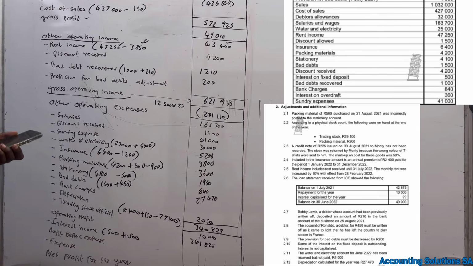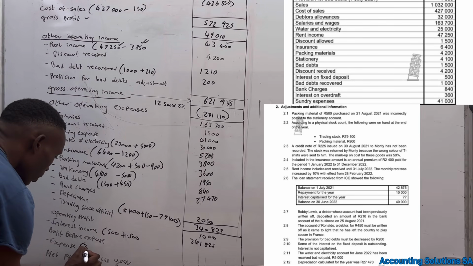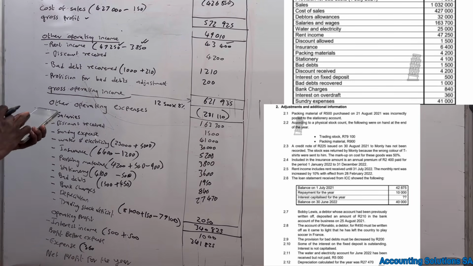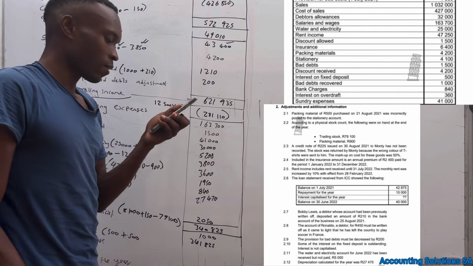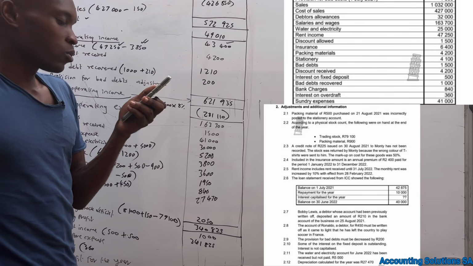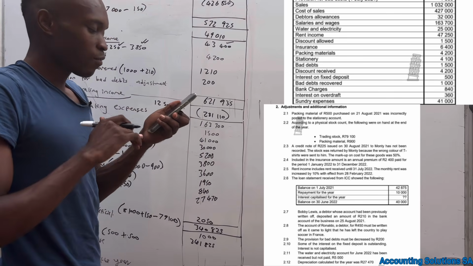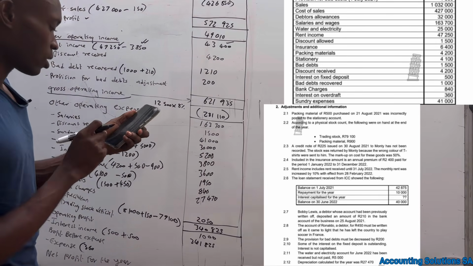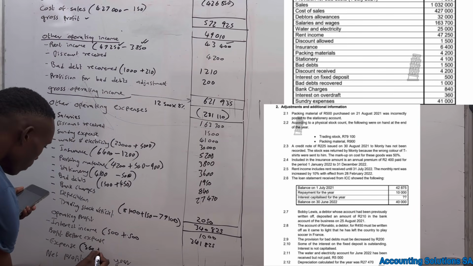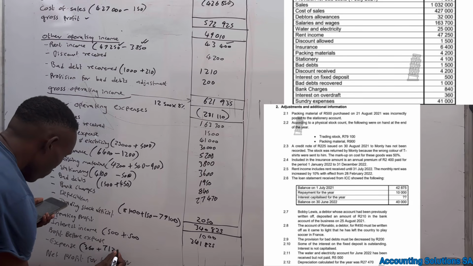Then interest expense. Let's calculate interest expense. The first one we are given 360, and the other one we have to calculate according to the table that we are given. 2.6, you take opening balance and you subtract the rest. You say 42,875 minus 10,000 minus 40,000 is gonna give you plus 7,125.